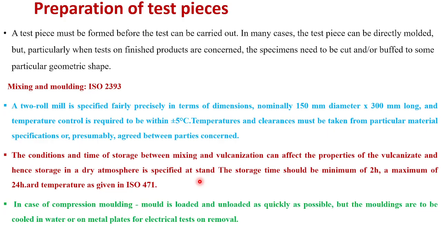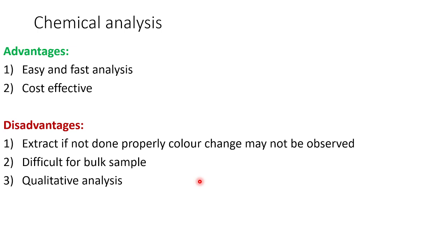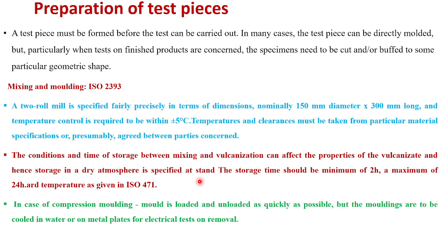Now up to here we have done all the analysis on the raw materials part. Raw material means your basic polymer and your different additives or fillers. But what is the testing for the final product?